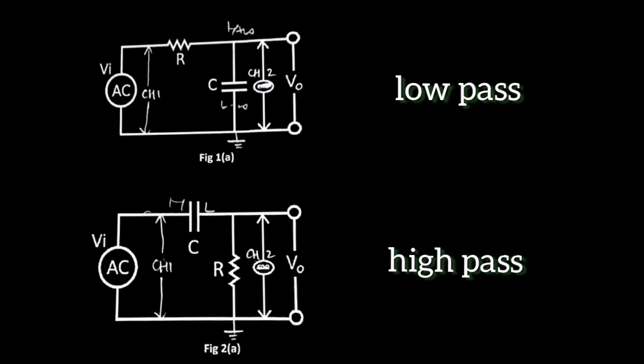Whereas in the high pass circuit, we will have the output across the resistor. This is because at lower frequencies, the capacitor blocks the current so that most of the voltage is seen across the capacitor. Whereas for higher frequencies, this is not true.